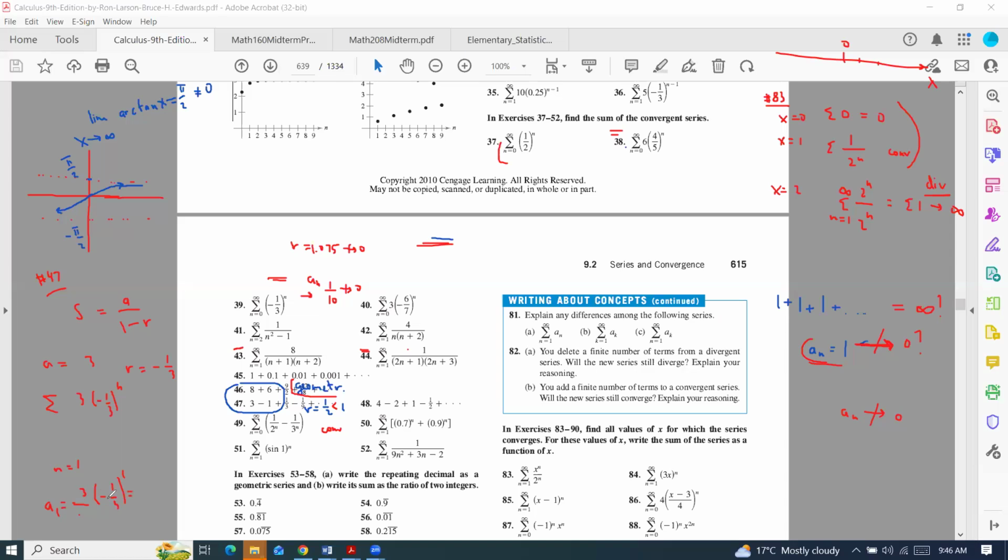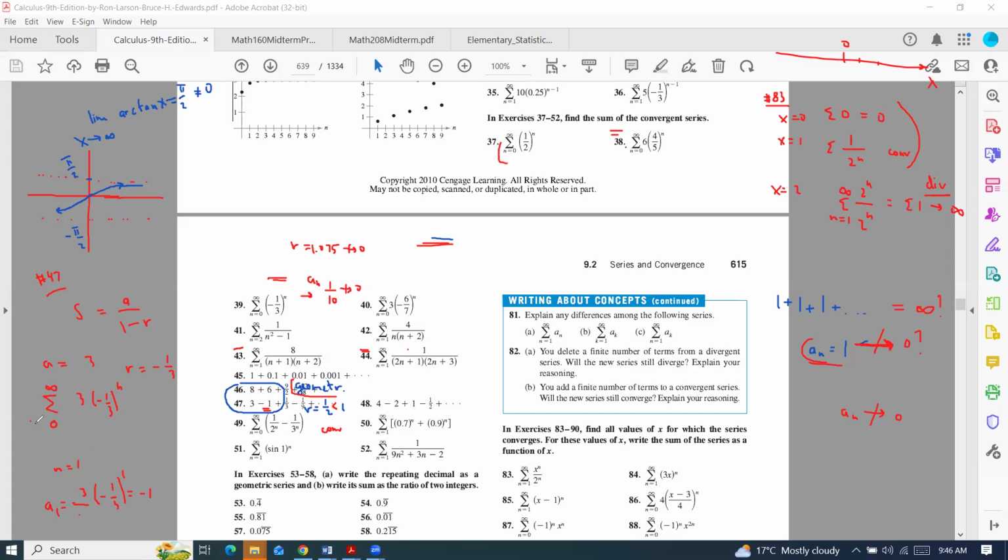So it'd be 3 times negative 1/3, which is negative. Do I have negative 1 in here for my term? Yes. But this is not a1, it is a2.